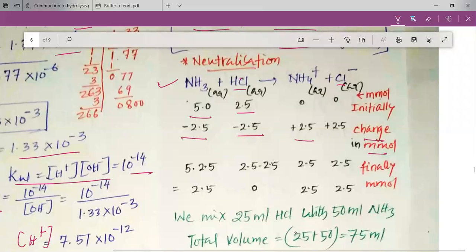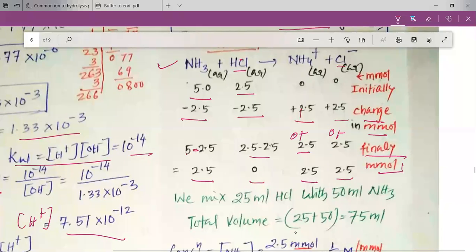The reactants are consumed, so we put minus 2.5, and products are produced, so we put plus 2.5. Finally, the millimoles are 5 minus 2.5, that is 2.5 for NH3; 2.5 minus 2.5, that is 0 for HCl; 0 plus 2.5 for NH4 plus; and 0 plus 2.5 for Cl minus. Remember, we get these amounts in millimoles.